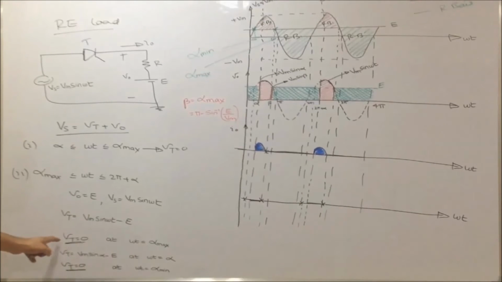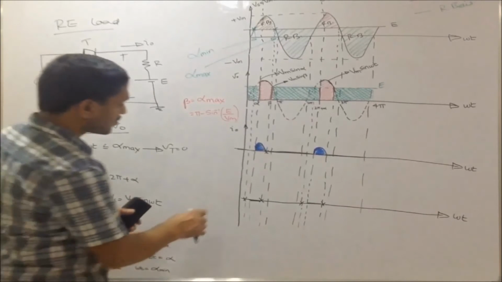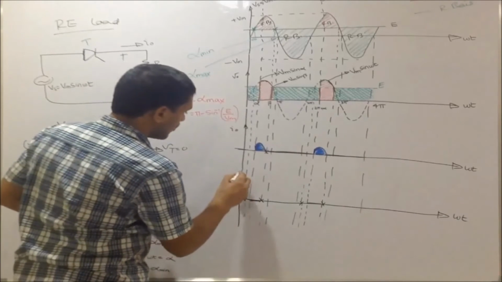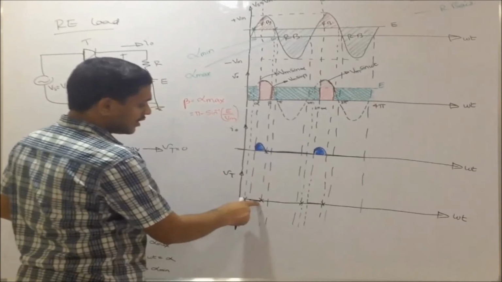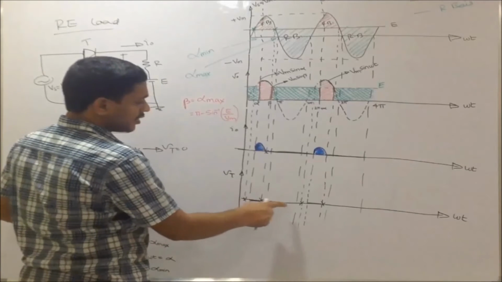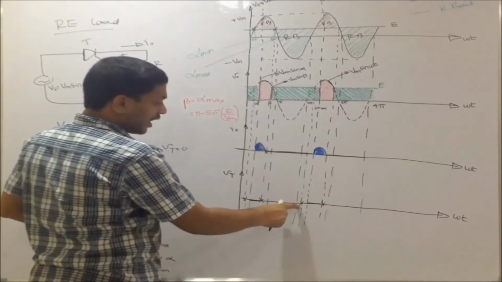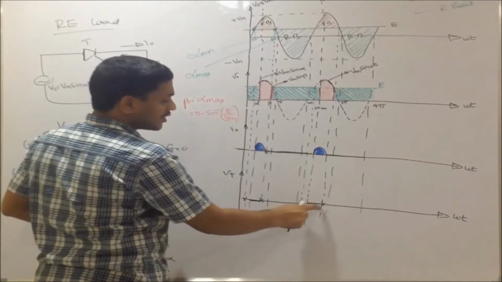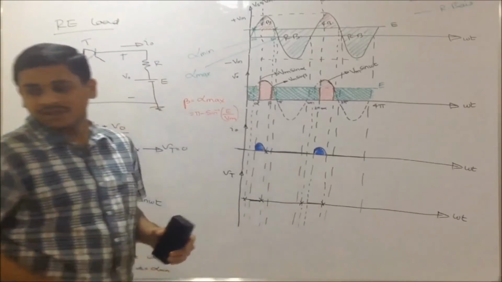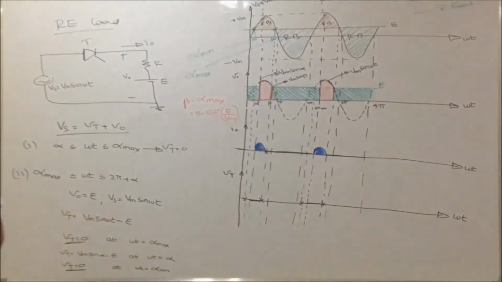What I am saying is, the voltage across the thyristor is 0 at omega t equal to alpha min or alpha max. This corresponds to alpha min, so I have put the voltage across the thyristor as 0. This corresponds to alpha max, and this corresponds to 2 pi plus alpha min, and this corresponds to 2 pi plus alpha max. I have put the voltage across the thyristor 0 at each.